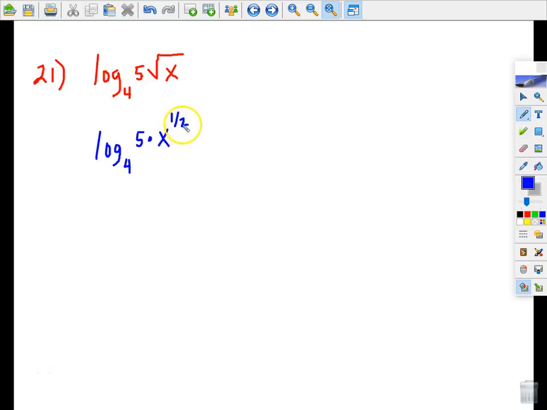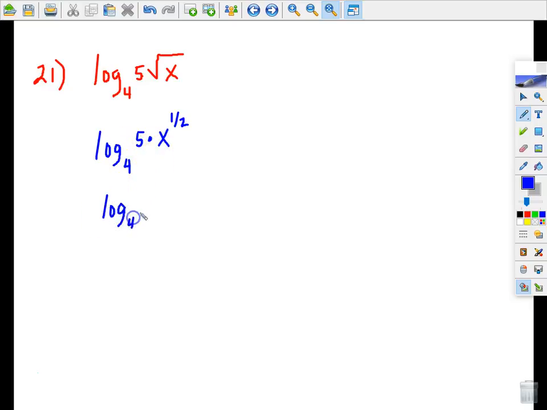So we're going to do the power property, but in reverse of what we did previously. Exponents need to be brought down and used as factors. So just keep in mind when you're expanding into multiple logs, you always want to move exponents down so that they become factors. So your answer is going to look like this.